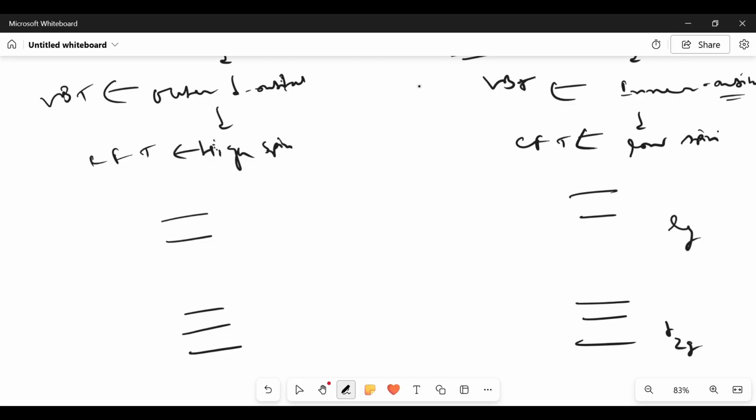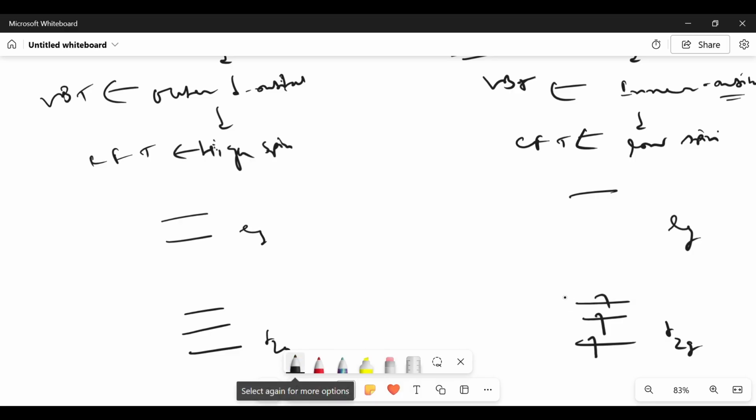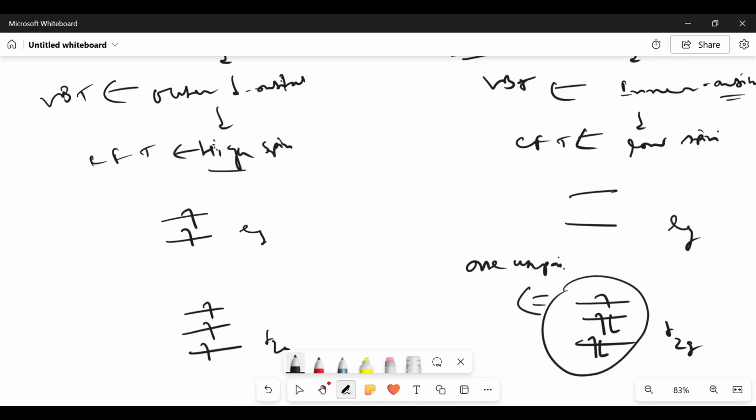Now we will check t2g, eg. 1 2 3 4 5 in the low spin case, and in case of the high spin complex, how will the electrons be filled? 1 2 3 4 5. Here you can see only one unpaired electron, and there you can see 5 unpaired electrons.